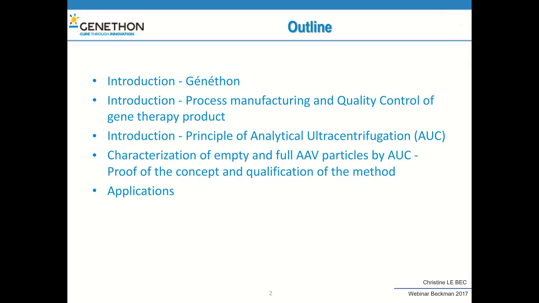After that, I will introduce the process manufacturing and the quality control of gene therapy products, especially for AAV vectors. I will then present the principle of analytical ultracentrifugation, the proof of concept, and the qualification of the method for characterization of empty and full AAV particles. In the last part, I will present some applications for AAV particles.